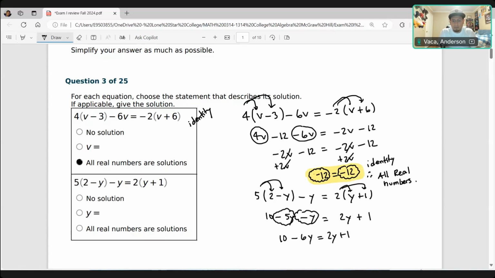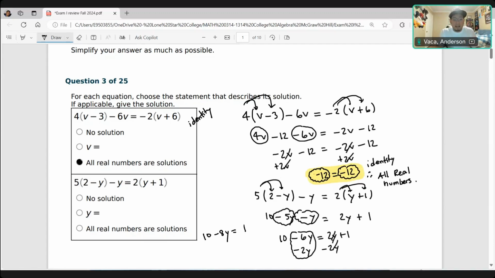2y plus 1, okay. Again, it is common practice to put all these y's on the same side, commonly on the left side. And we have in total, let's see, 10 minus 8y is equal to 1. One thing that I noticed that is different from the previous example is that we did not lose the y's.